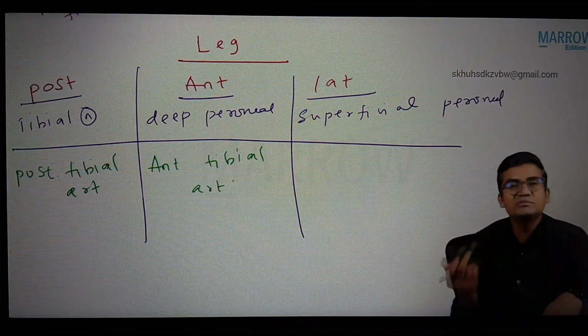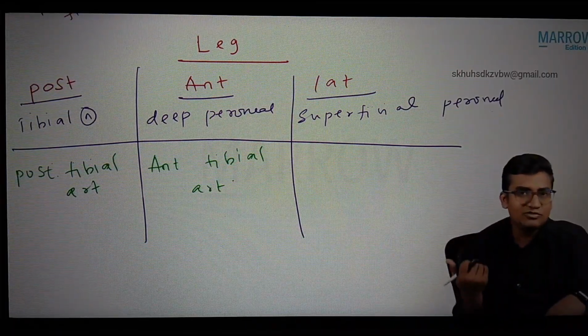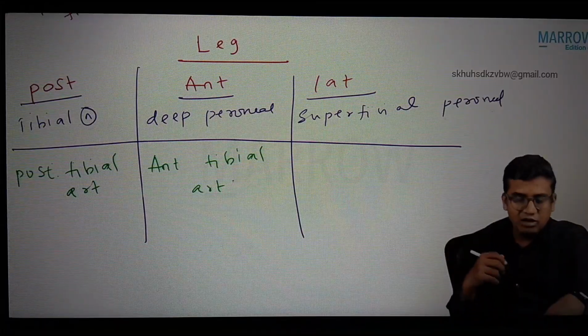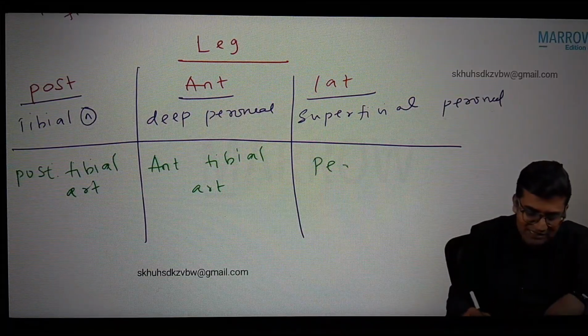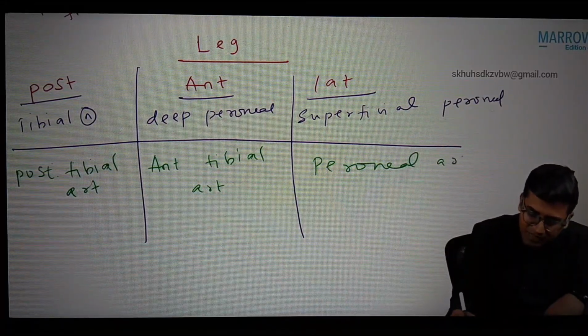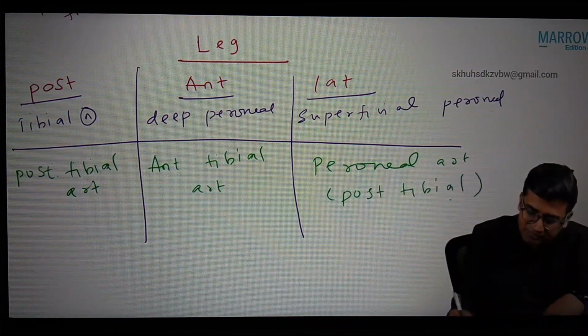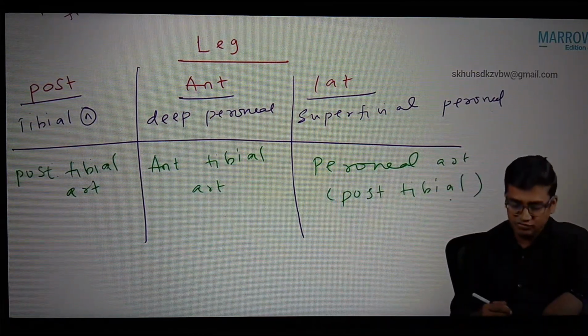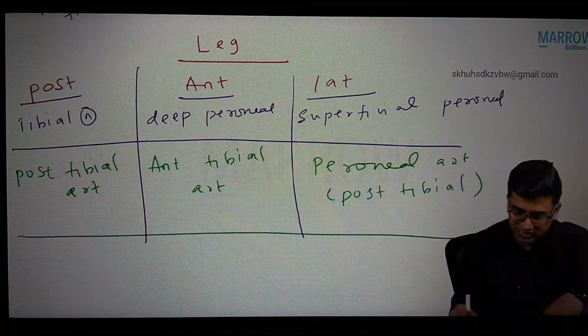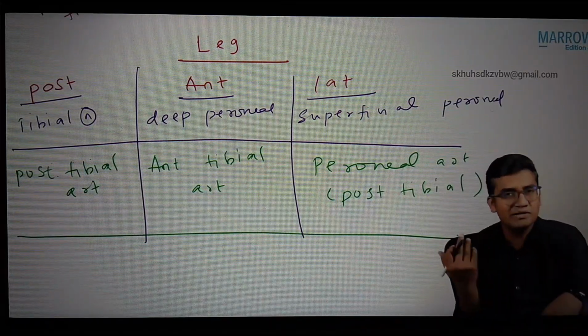The anterior tibial artery and posterior tibial artery are the terminal branches of the popliteal artery. Very good. Now for the lateral compartment of the leg, the artery is the peroneal artery. And the peroneal artery is a branch of the posterior tibial artery. So these are the arteries and nerves for each compartment.